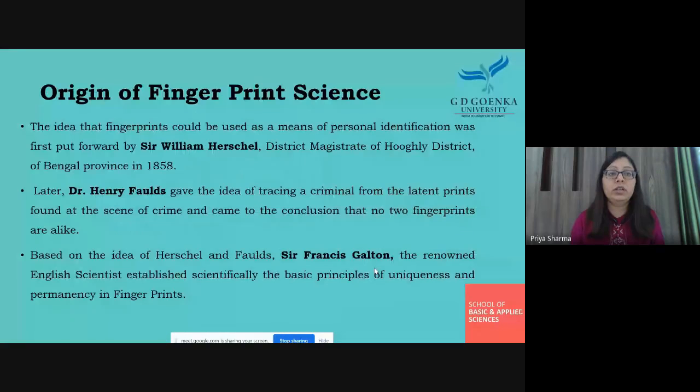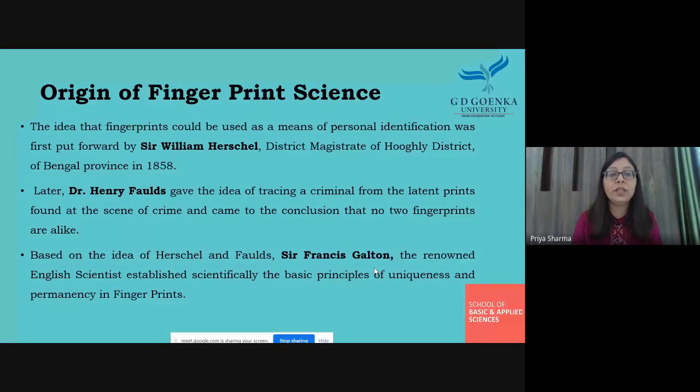A little bit about the history of fingerprint science. The idea that fingerprints could be used as a means of personal identification was first brought forward by Sir William Herschel, who was a district magistrate of Hooghly district in West Bengal in 1858. After that, Dr. Henry Faulds came up with an idea. He traced latent prints, which I will discuss in the next slide. Latent prints are basically the invisible prints, not visible to the naked eye, found at the crime scene.